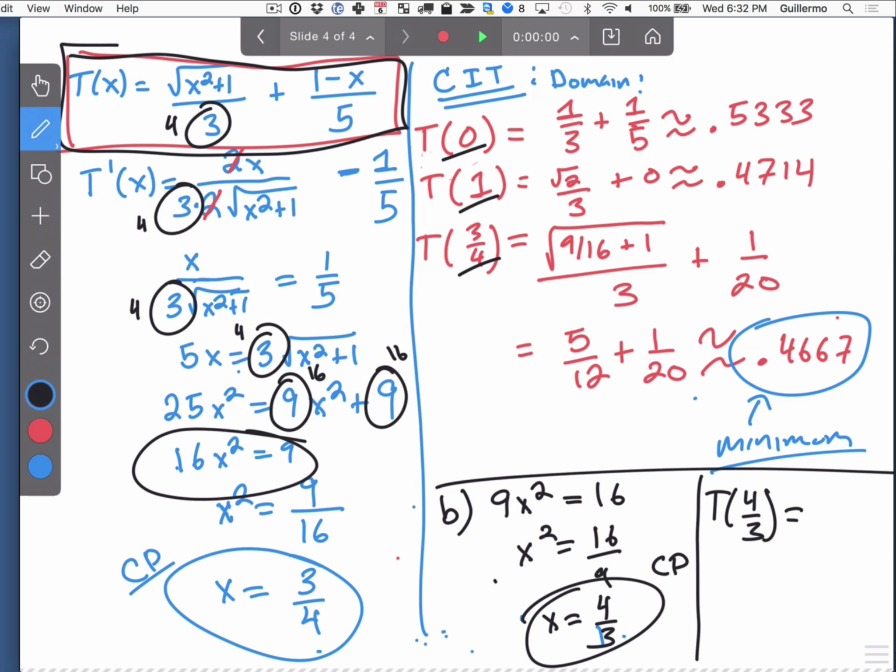Does that make sense? So what this tells you is that time is minimized by rowing straight to town. Straight to town. In that case, right? Does that make sense?